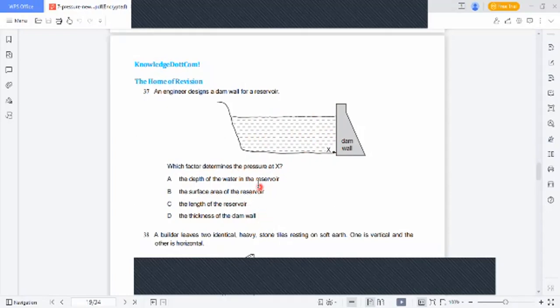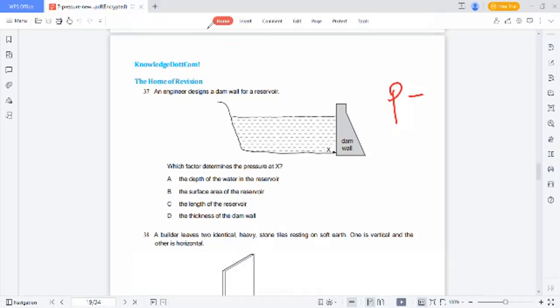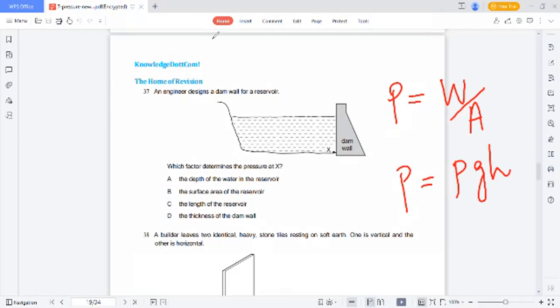Like you can see, we know that pressure is weight over area. We also know that pressure is rho g h. If the point is here, its depth is this one.